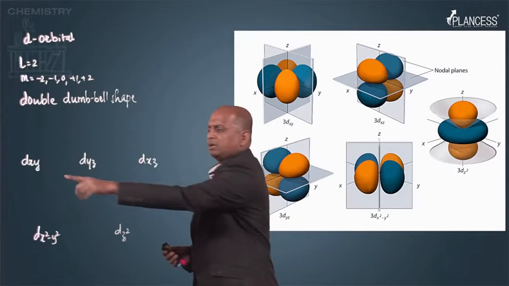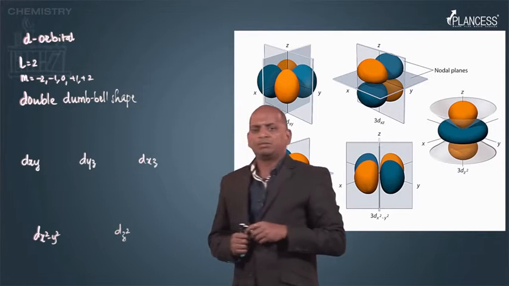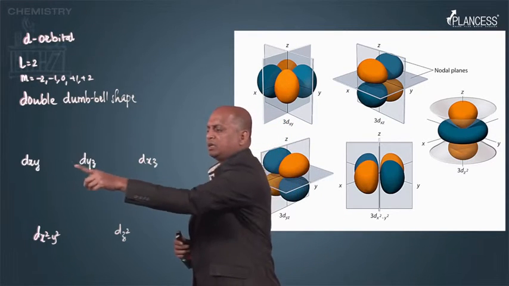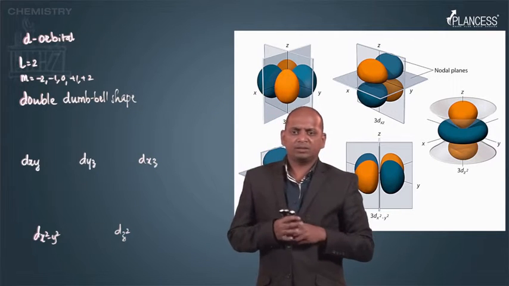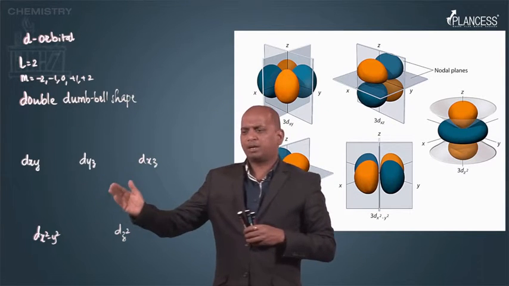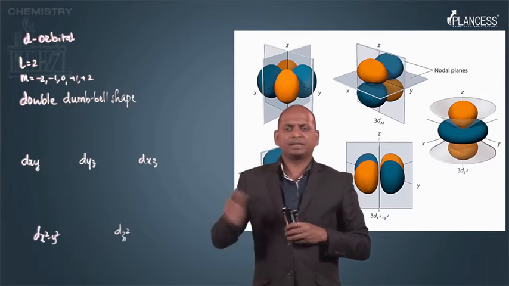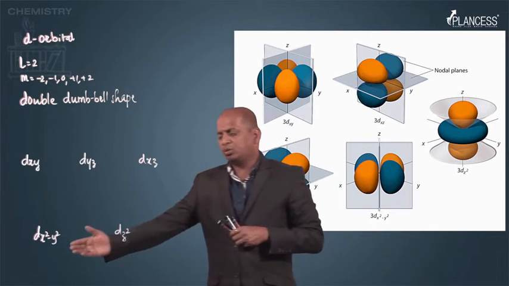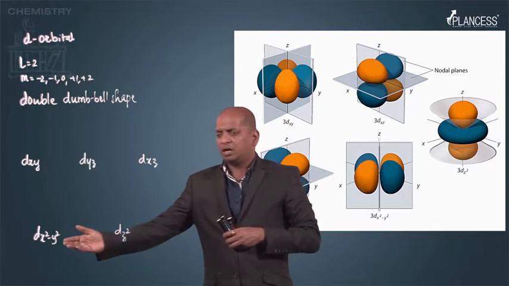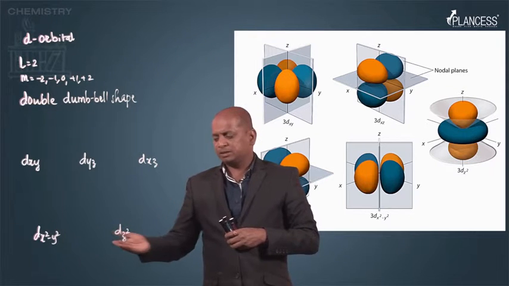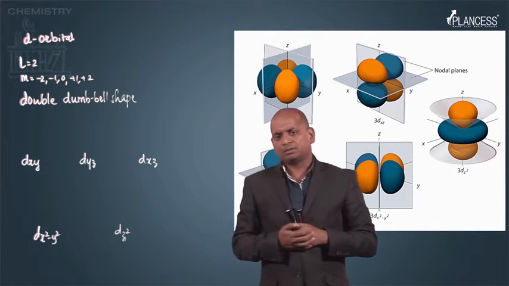So these are 5 orbitals, 5 orientations. 3 orientations are between the axes, between x and y, between y and z, between x and z, and 2 orientations along the x and y axis and along the z axis.